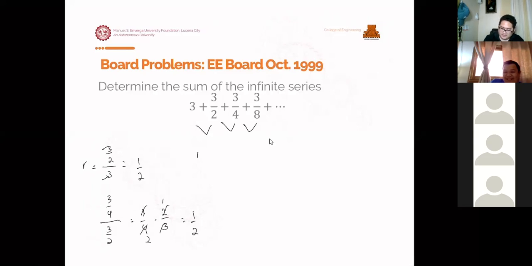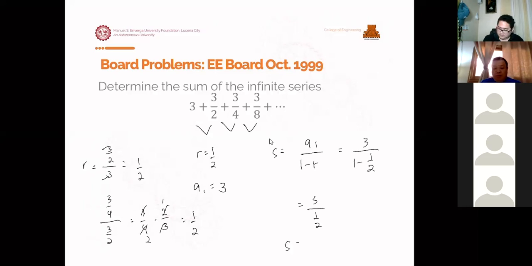R natin is 1 half, A1 natin is 3. Ang sum natin will be A1 over 1 minus R, so 3 over 1 minus 1 half, 3 over 1 half, or sum natin is equals to 6.